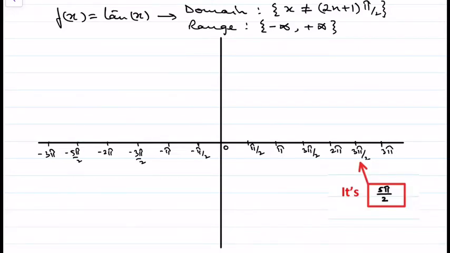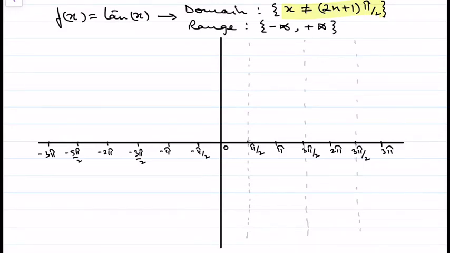So since x cannot be equal to (2n plus 1) pi by 2, we will have asymptotes at pi by 2, 3 pi by 2, 5 pi by 2, and so on. Similarly, on the negative side, at minus pi by 2, minus 3 pi by 2, minus 5 pi by 2, and so on.